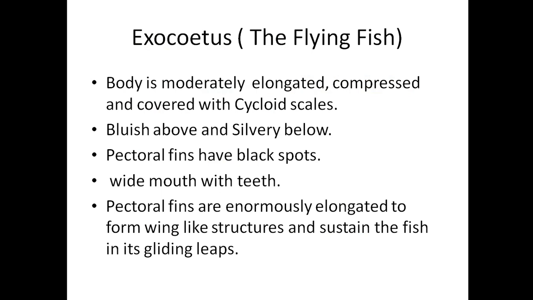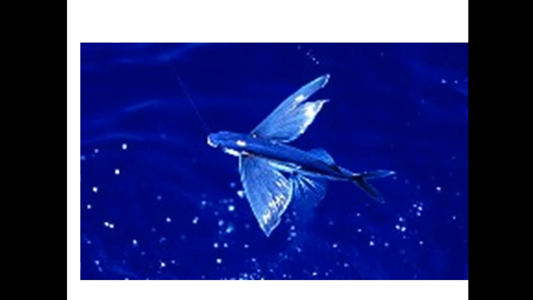The pectoral fins are very large, enormously elongated to form a wing-like structure, and it helps the fish glide in the air. See how these pectoral fins are enormously enlarged, with the help of which the fish can glide in the air. Hence the name flying fish.